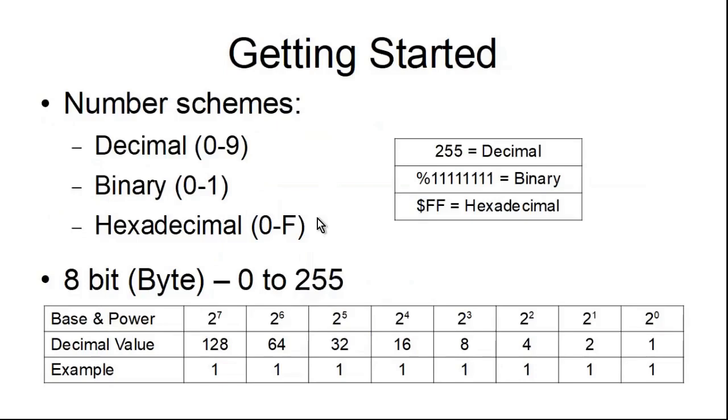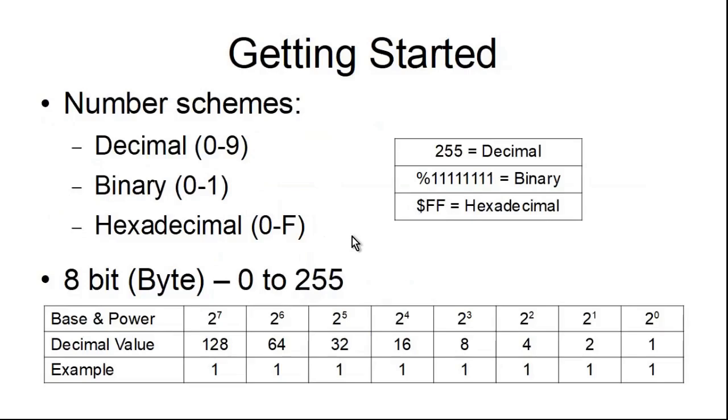The digits go from 0 to F, and the letters mean any digits that are greater than 9. So A, B, C, D, E, and F are 10, 11, 12, 13, 14, and 15. Hexadecimal numbers have a prefix of a $ sign. Again, these prefixes are very important to indicate which numbering scheme you want the compiler to recognize for the number.